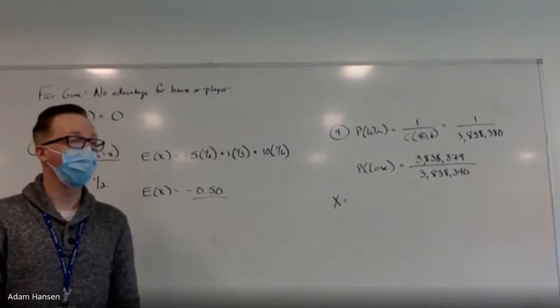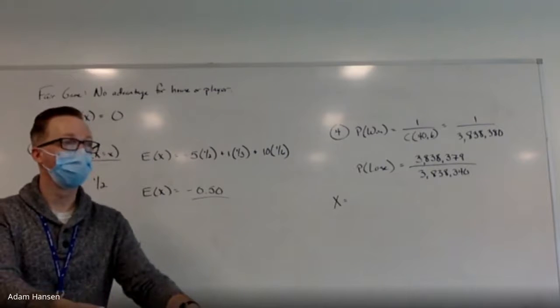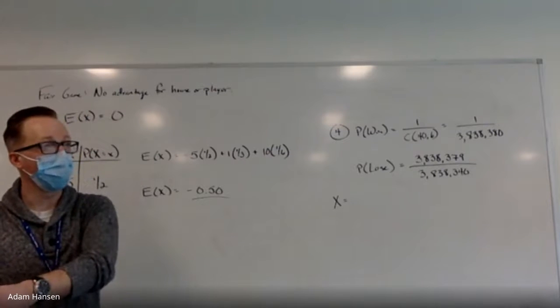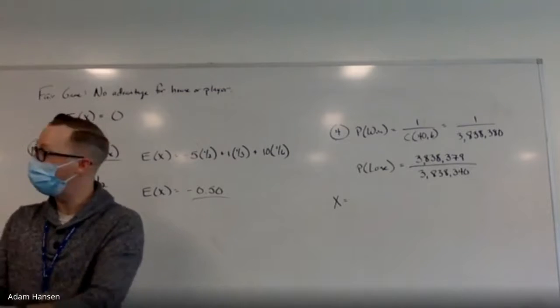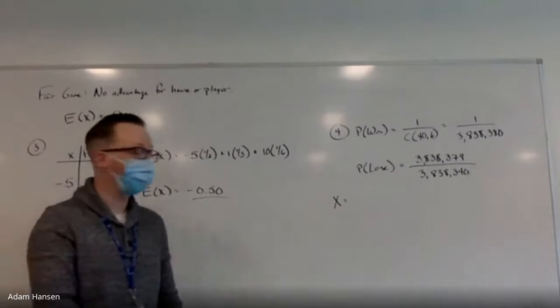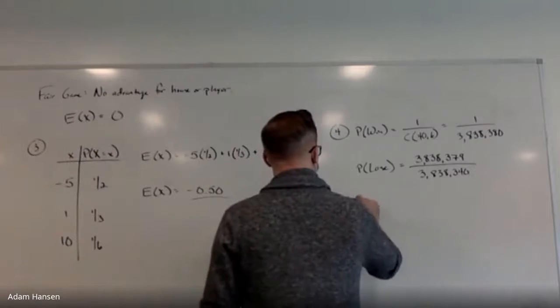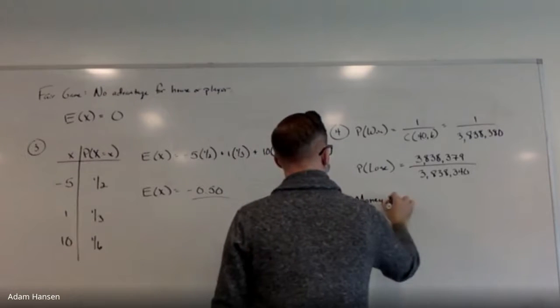What happens when you play the lottery? You either win or lose. So how much money do I lose if I lose? How much money do I win if I win? So the random variable is the money either won or lost.